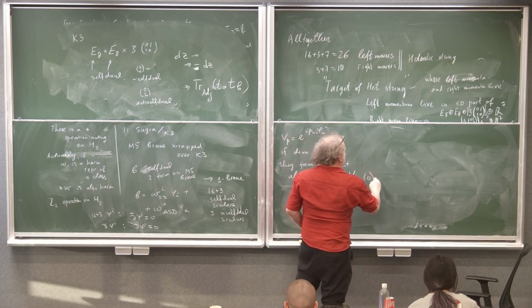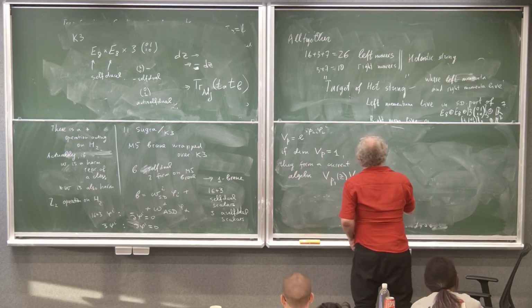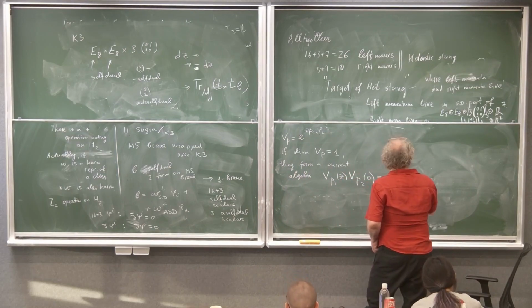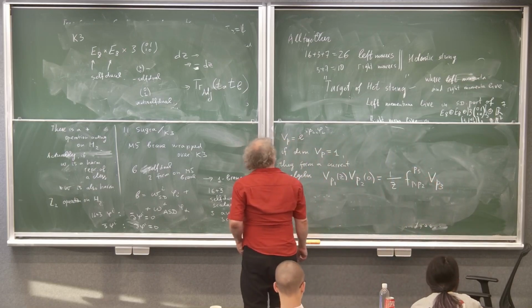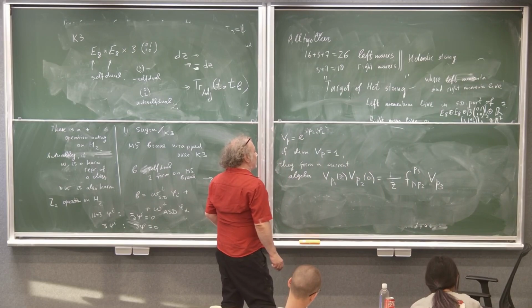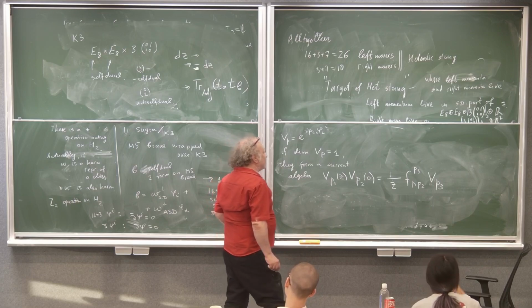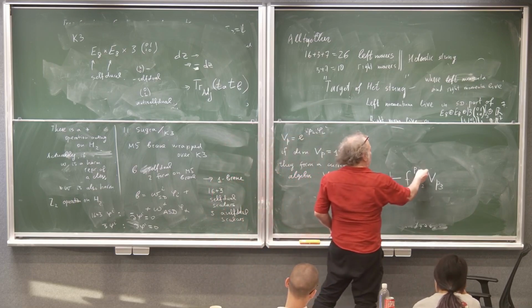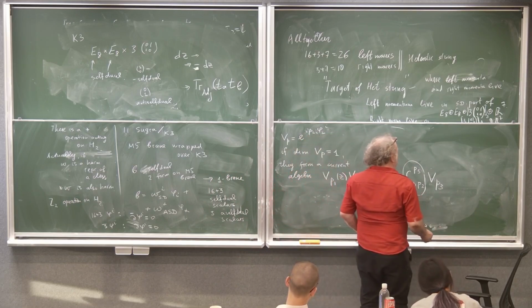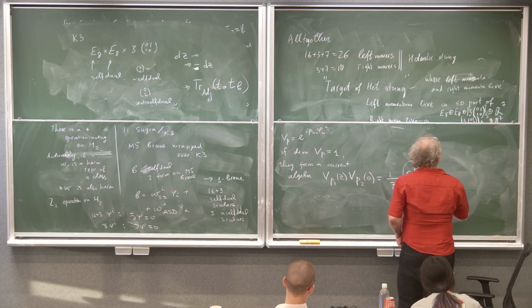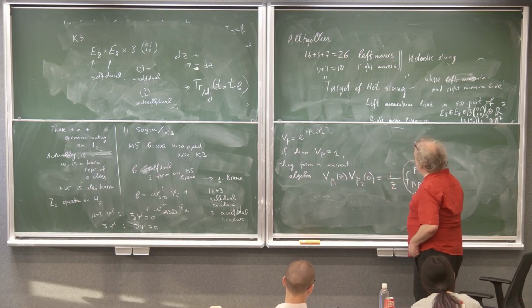VP1 of Z, VP2 of 0, and actually you can compute this. Is there a level of this current algebra?